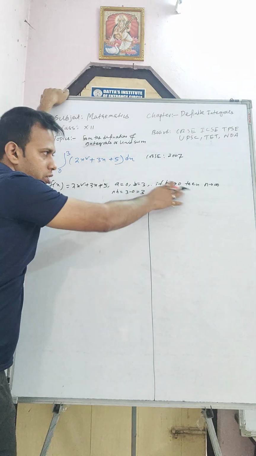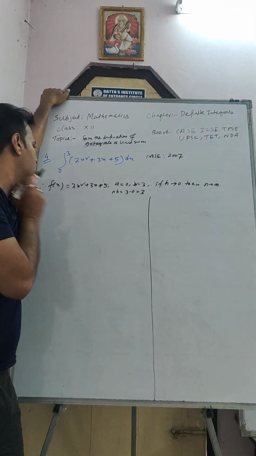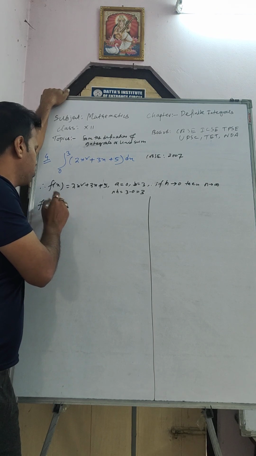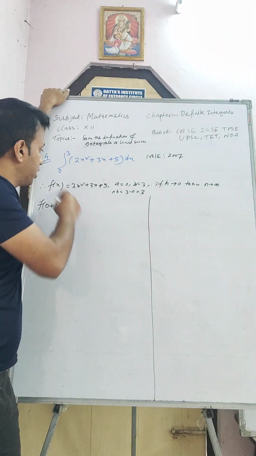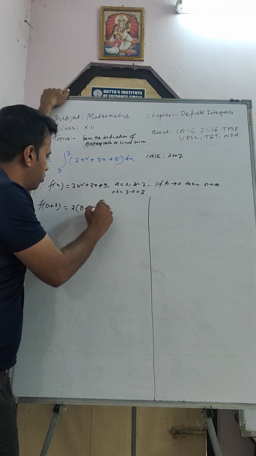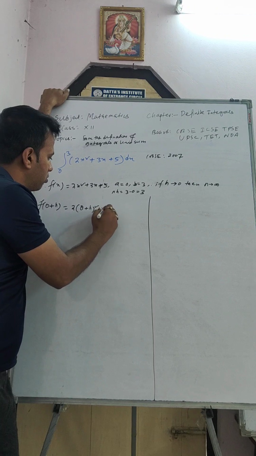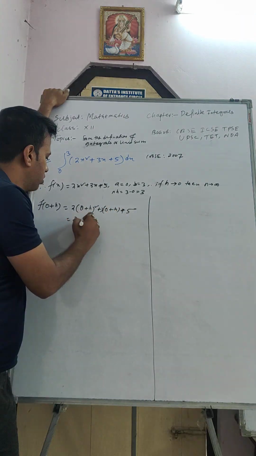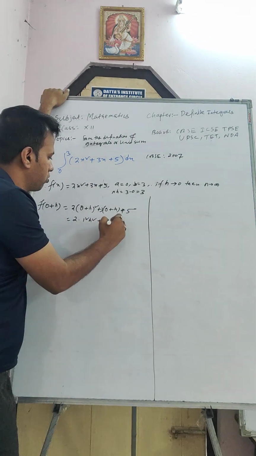Okay, you can use this one. Now we have to put 0 plus h. 0 plus h means a plus h. a is what, sir? Here 0, so 2 into 0 plus h whole square, 3 into 0 plus h plus 5, 2 into 1 square h square, 3 into h plus 5.